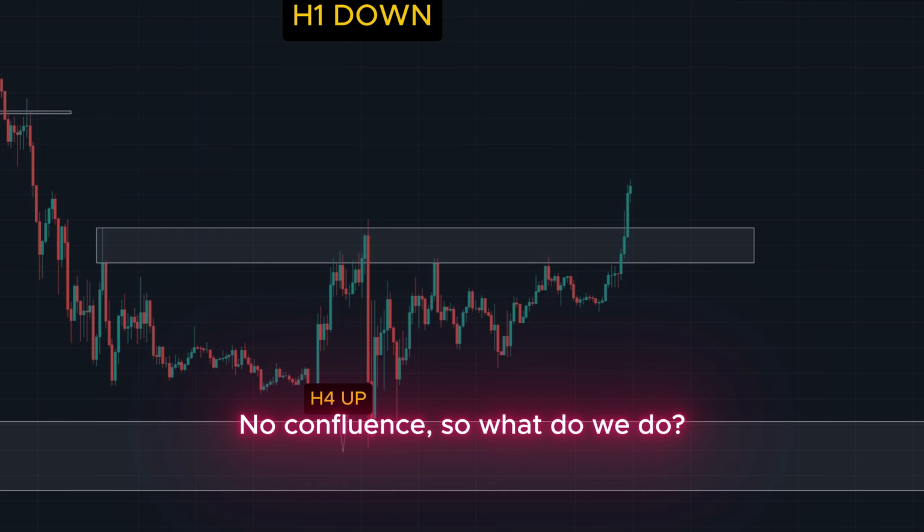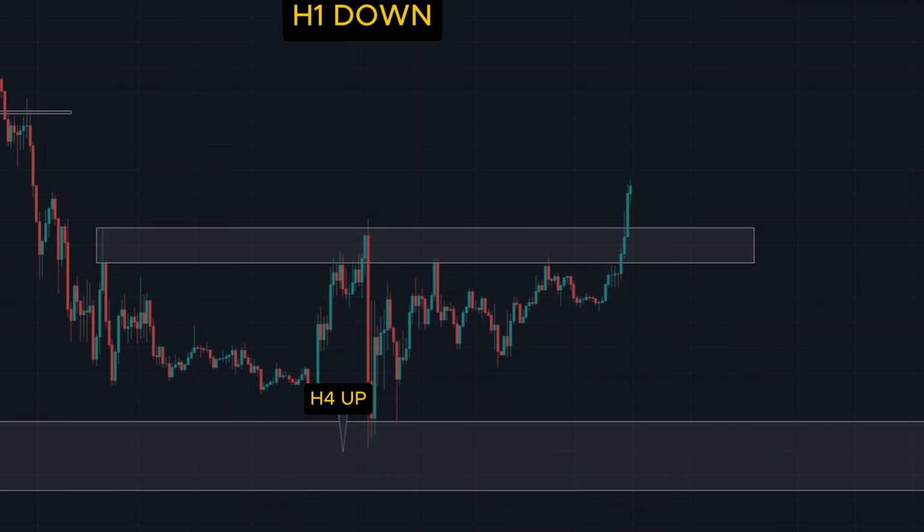No confluence, so what do we do? But in this case, I can still enter a buy trade. Let's see how I do it.